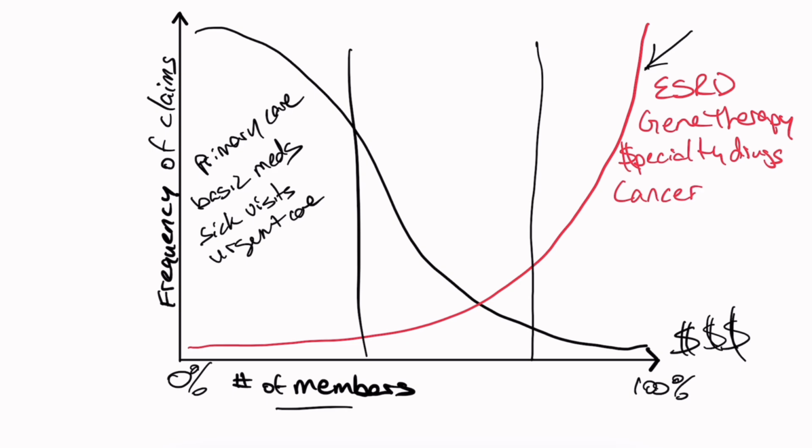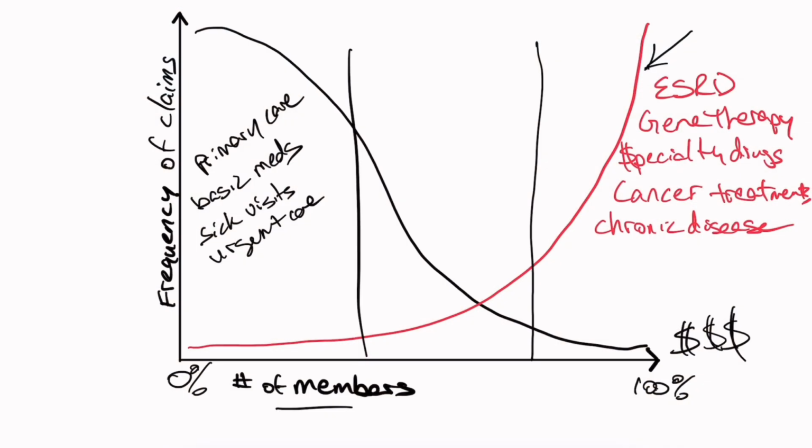So this could be somebody with an unmanaged case of diabetes that ends up in a diabetic coma in an ICU stay, and they walk out with a $300,000 or $400,000 hospital bill. So when you actually look at this, if you're just a 100 life group, and you can extrapolate this out to your population, these are the numbers that we typically see.